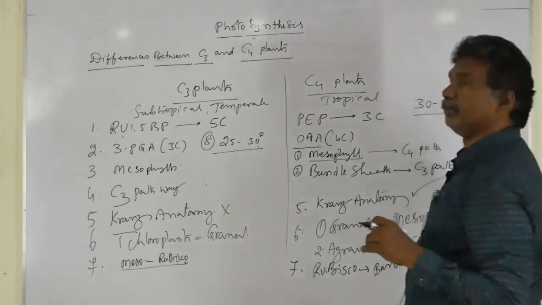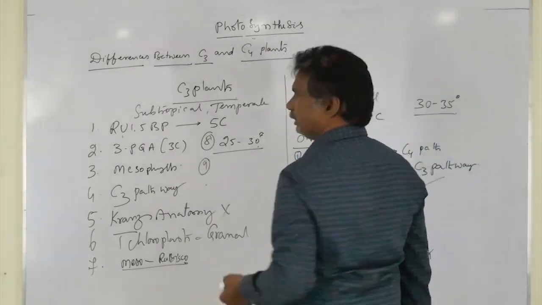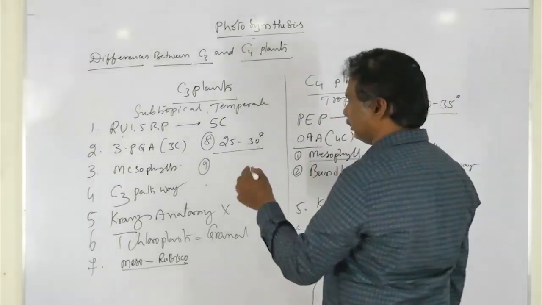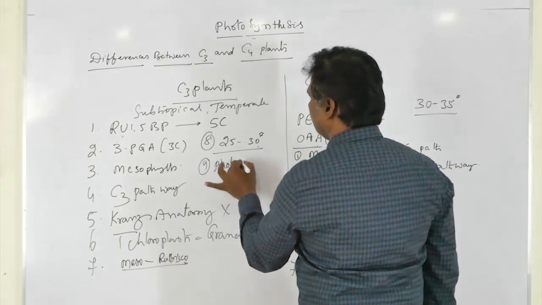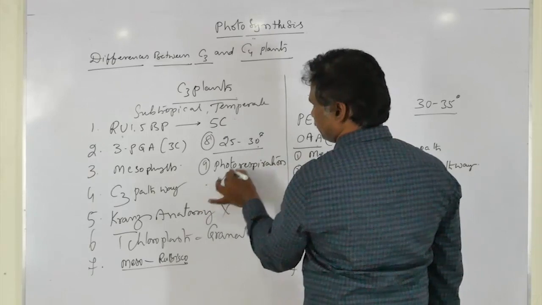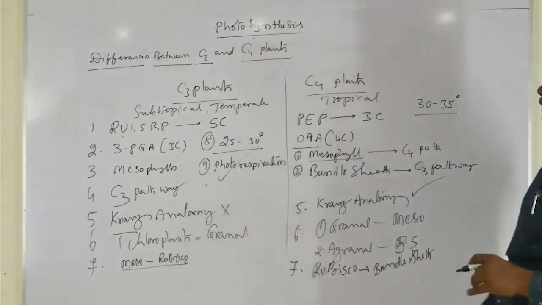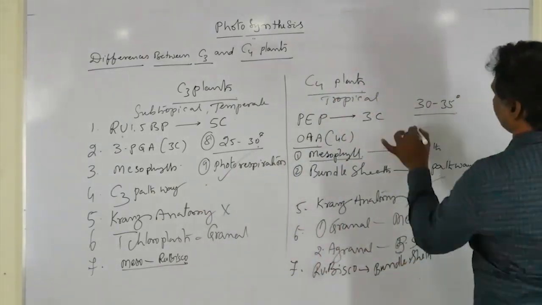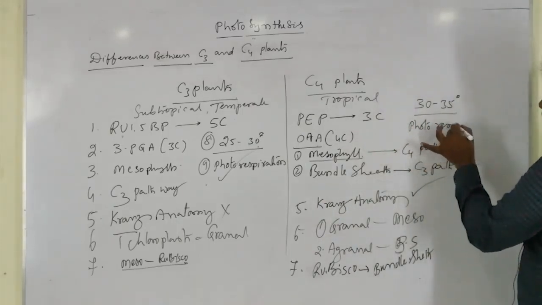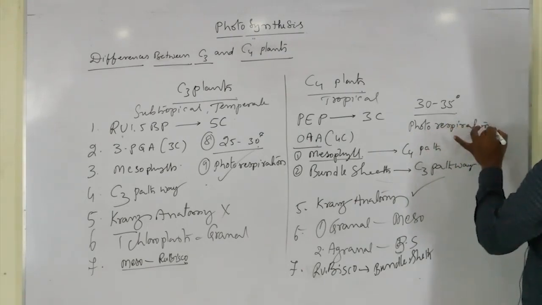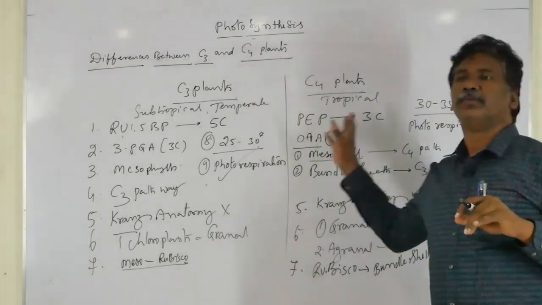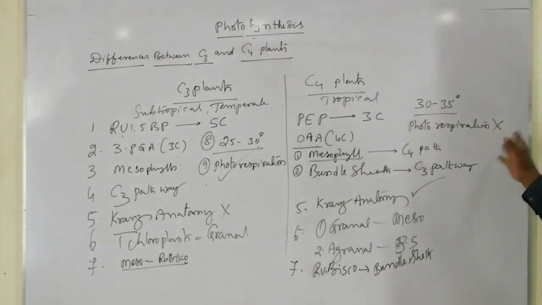Another most important wasteful phenomenon is photorespiration. Photorespiration is present in C3 plants, and it is completely absent in C4 plants.